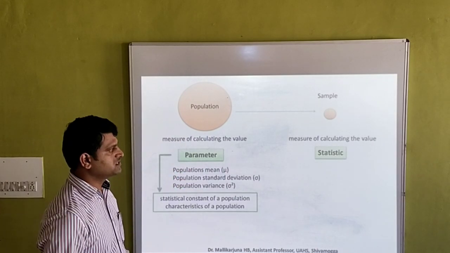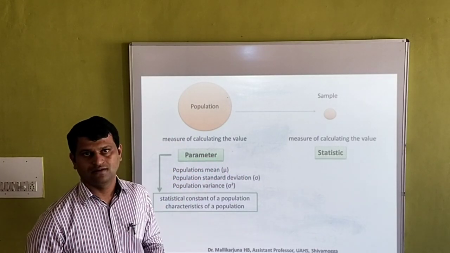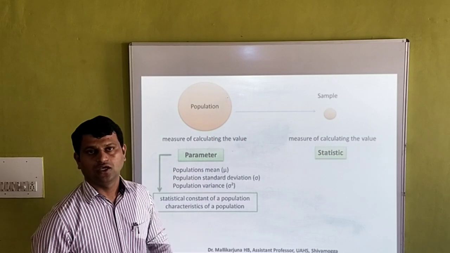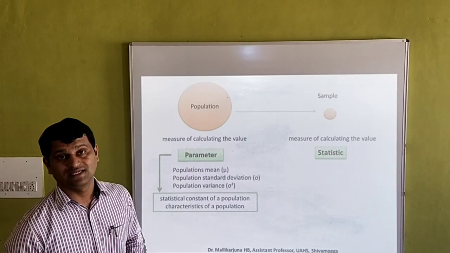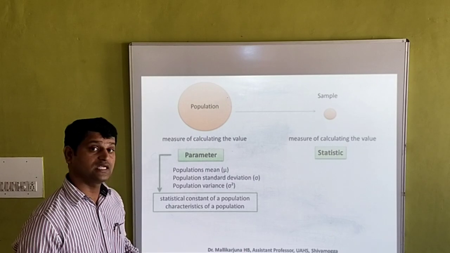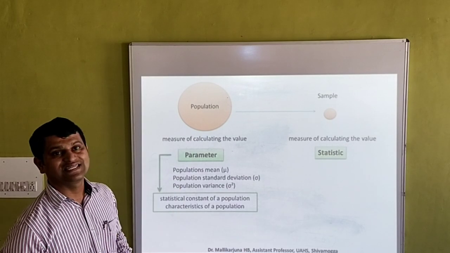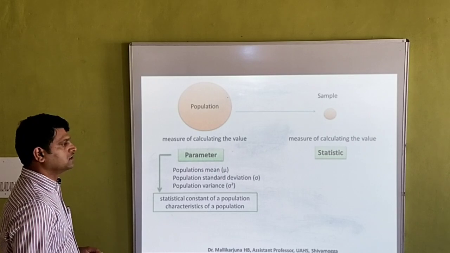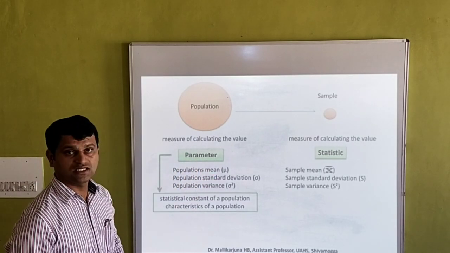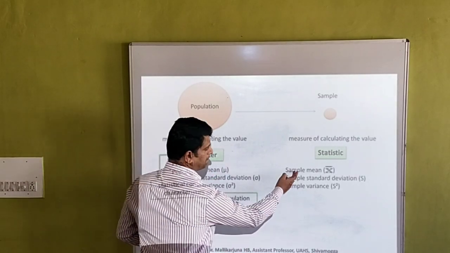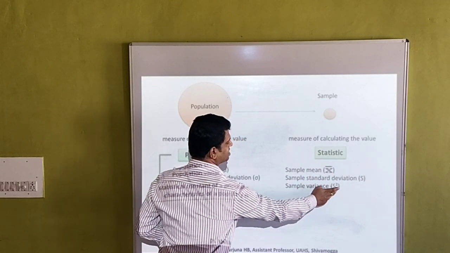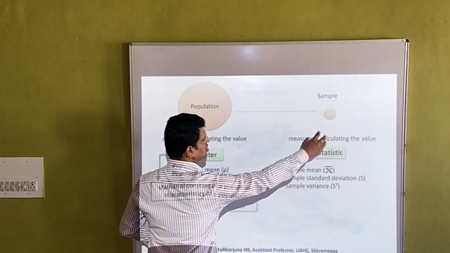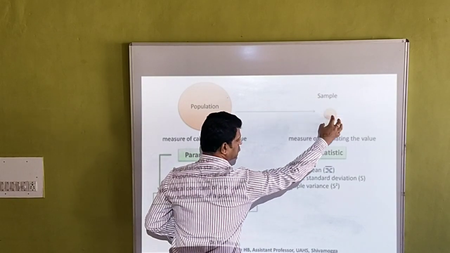From the sample, if I calculate any measure based on the units of the sample, that is known as a statistic, but not statistics. These are statistics: sample mean x bar, sample standard deviation s, sample variance s square. If I calculate the arithmetic mean from the sample, that is the sample mean.